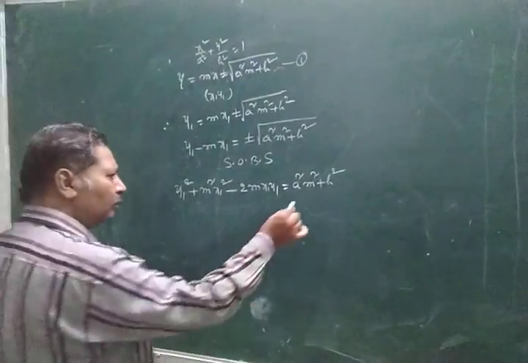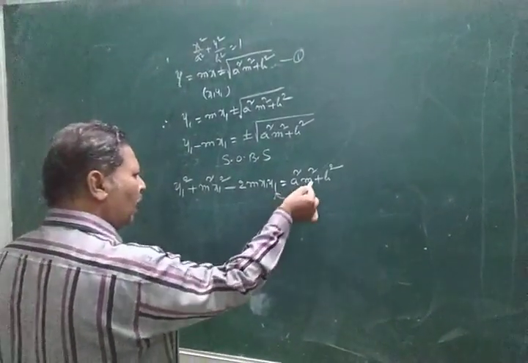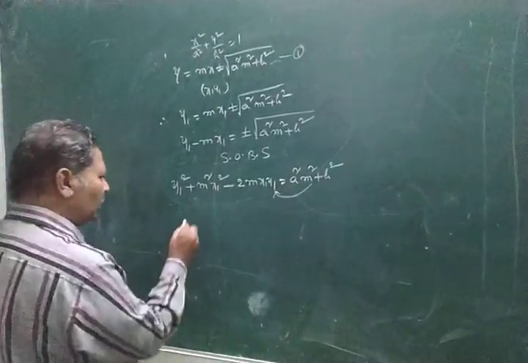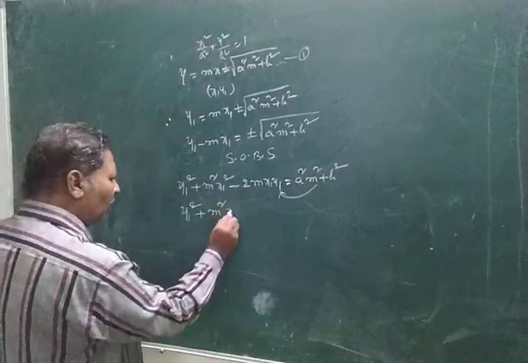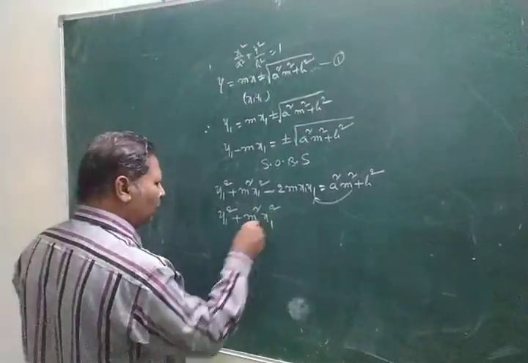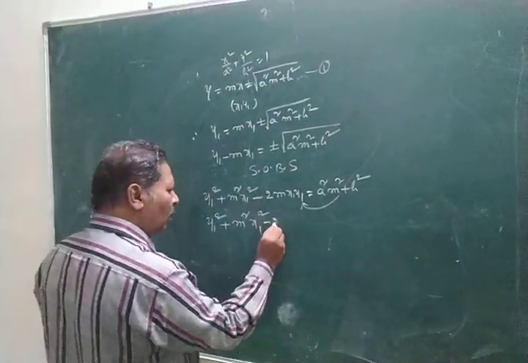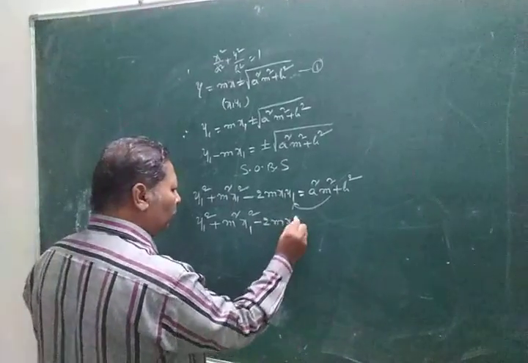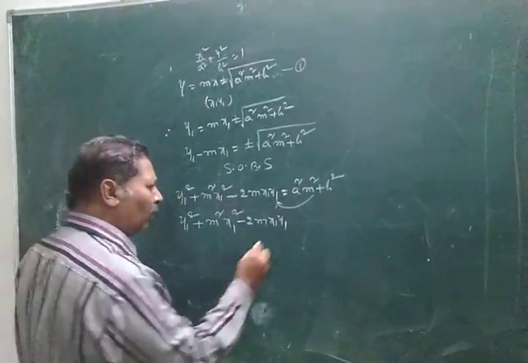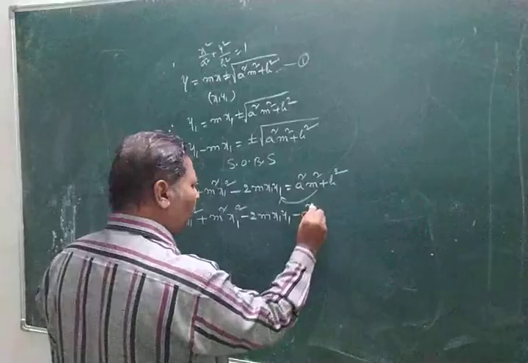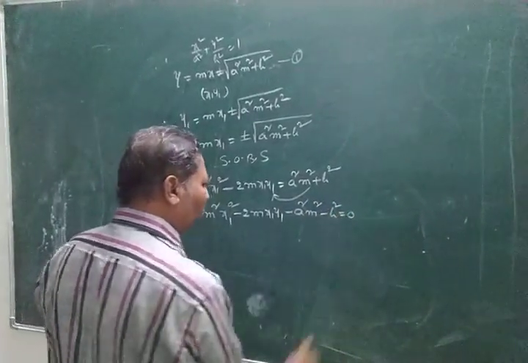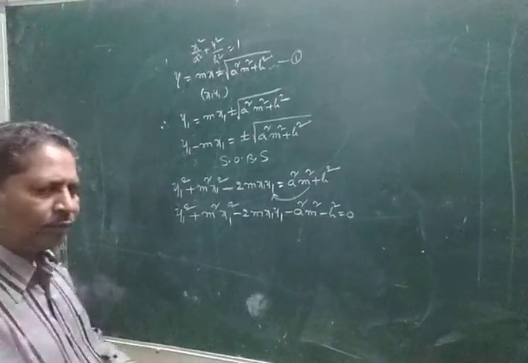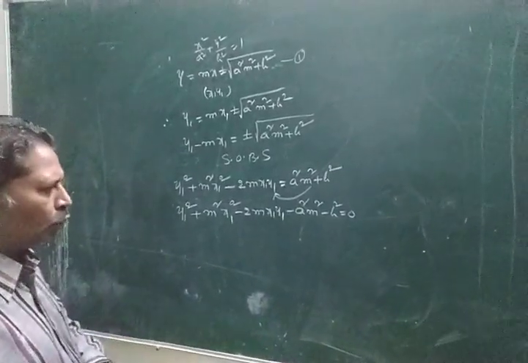Next, bring the RHS into the LHS: y1 square plus m square x1 square minus 2m x1 y1 minus a square m square minus b square equal to 0.